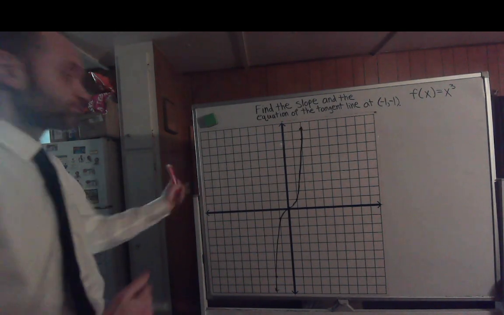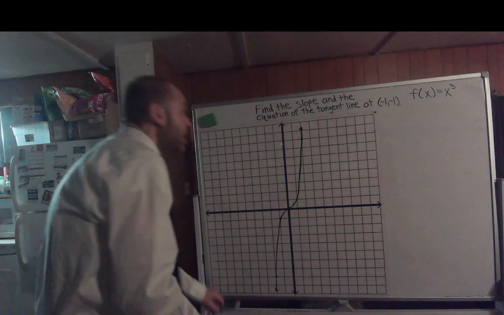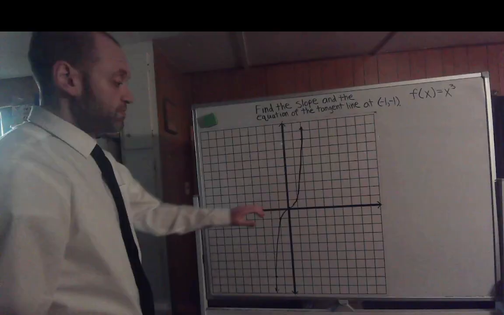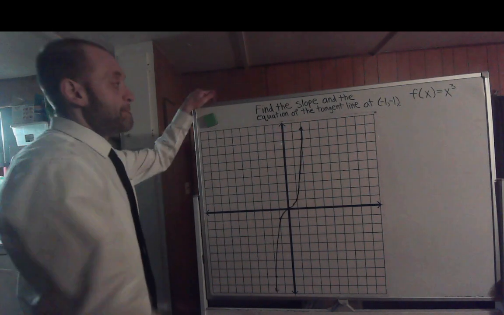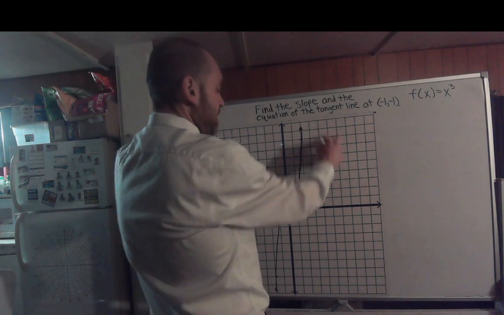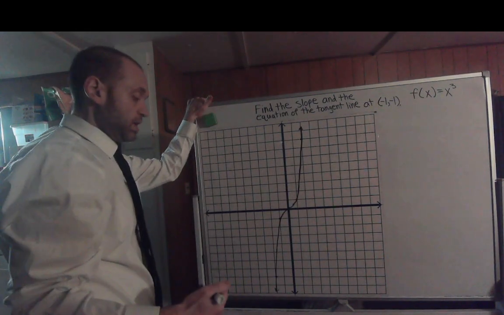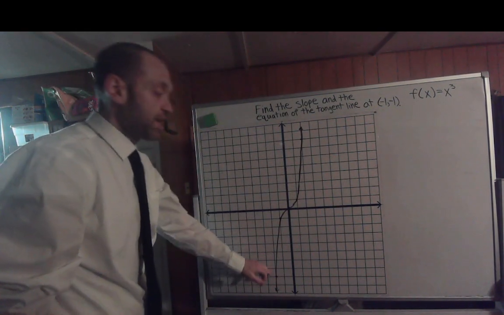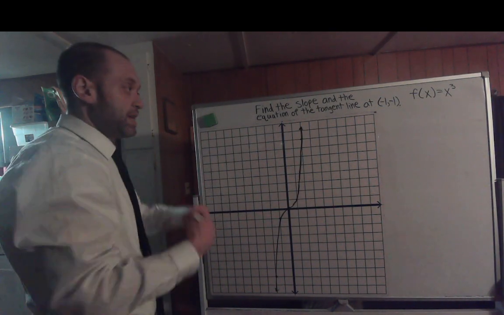So let's say I'm going to find the slope of my secant line. I'm being asked to find the slope of this curve at the point -1, -1. Well, what if I start at x equals -2? It's exactly one x unit apart from -1.